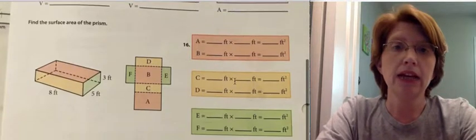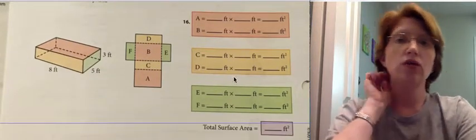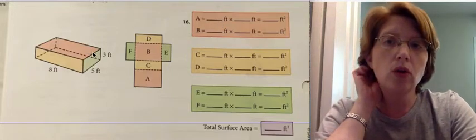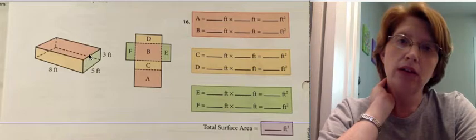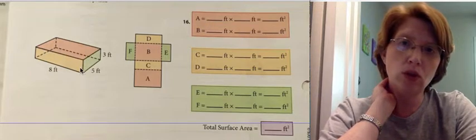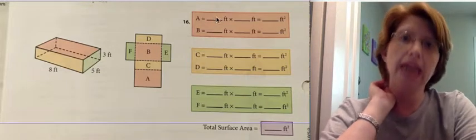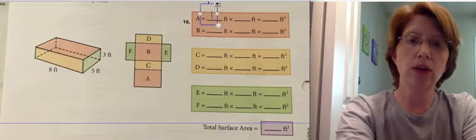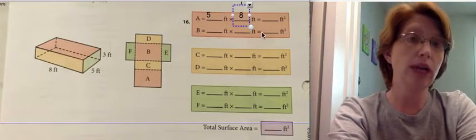And then 16 is the surface area. So for A and B, you are going to multiply the length and width of the orange part, so the B and the A. So it's this, which would be 5, and the length, which would be 8. So you're going to start here with 5 times 8, and remember, you're going to do that twice.